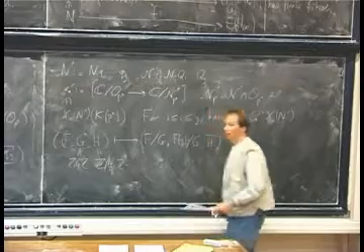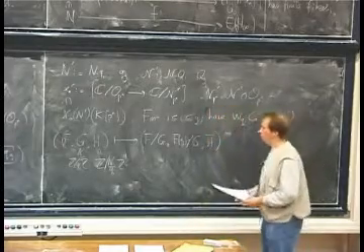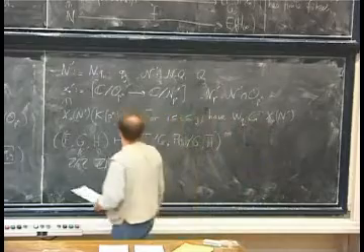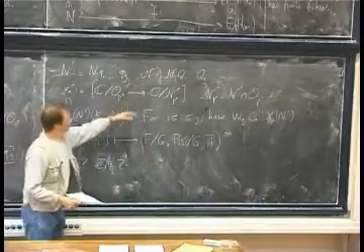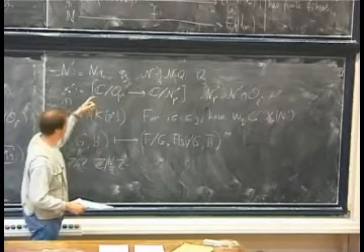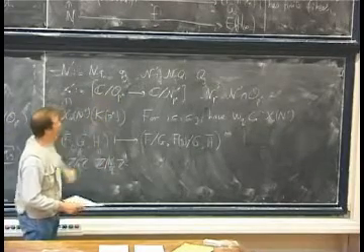So you can also do this in terms of isogenies. You can say to give this is to give one isogeny of degree n prime over qi and one isogeny of degree qi.